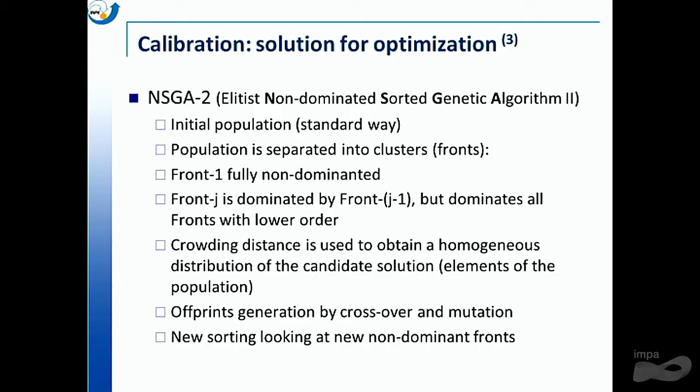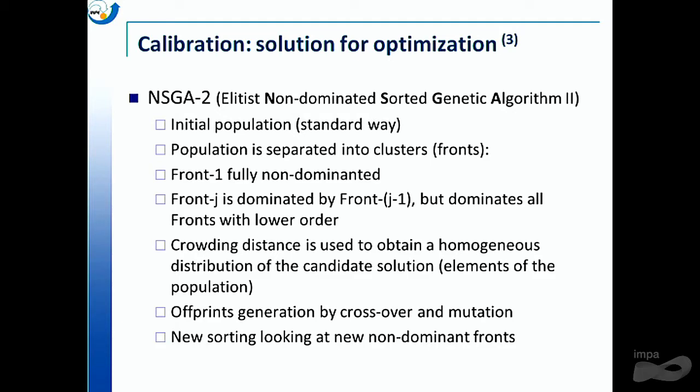Front 1 is fully non-dominated. And front J here is a front dominated by front J minus 1, but it dominates all the other fronts with lower order.